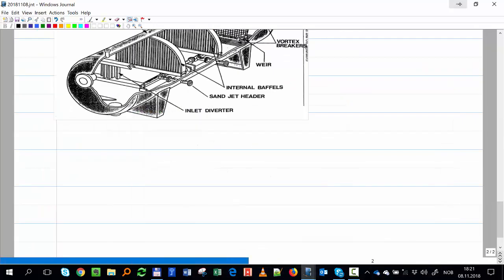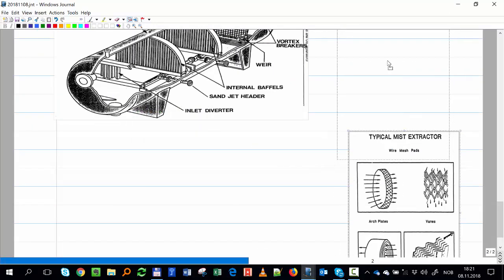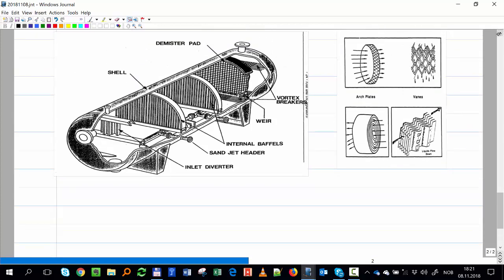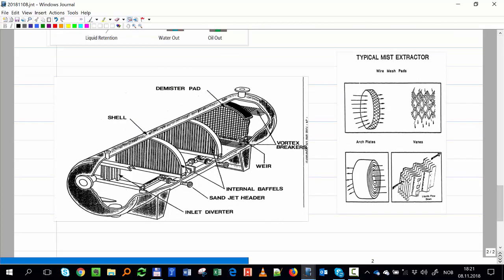We make just a mesh. There are different types: one with plates, or one with some mesh. You put a mesh very tight, and then the gas has to flow through it. When it passes, it has to change direction and impact many of these metal pieces, and then the liquid starts to drip down.